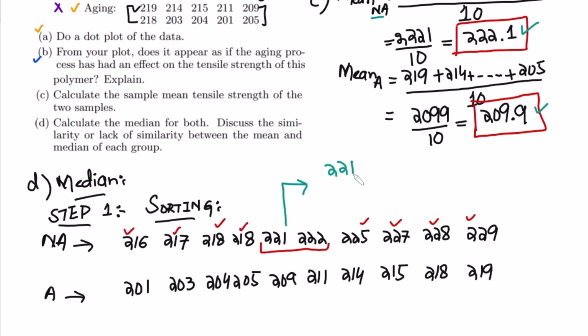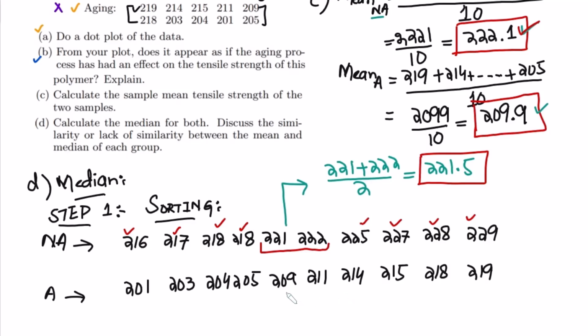So it will be 221 plus 222 divided by 2. What will I get? By adding them and dividing by 2, I will get 221.5, and that is the median value for the no aging data, which is also the mean.